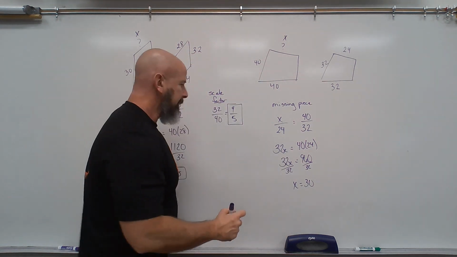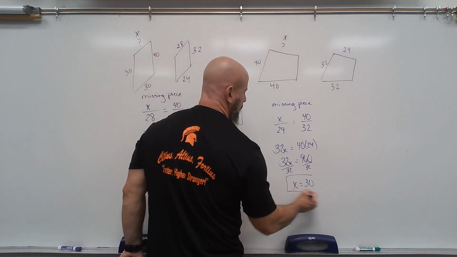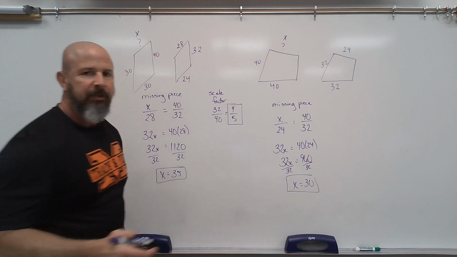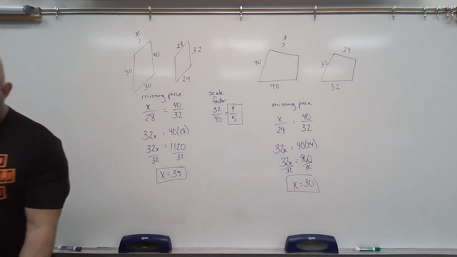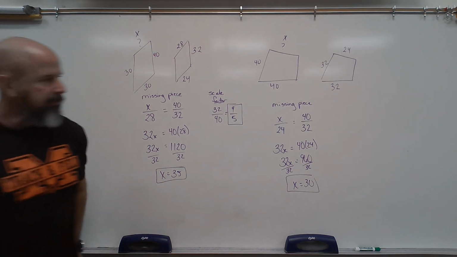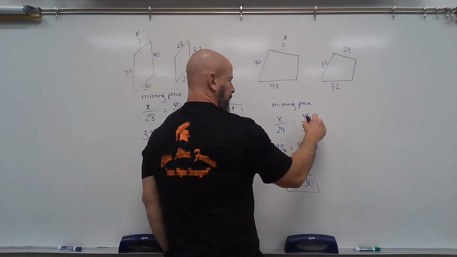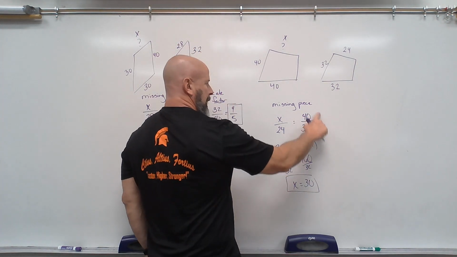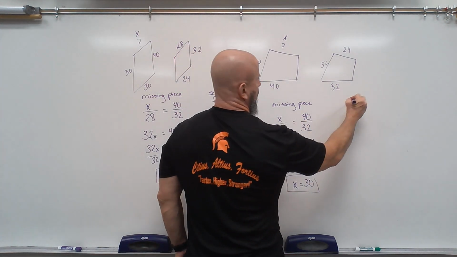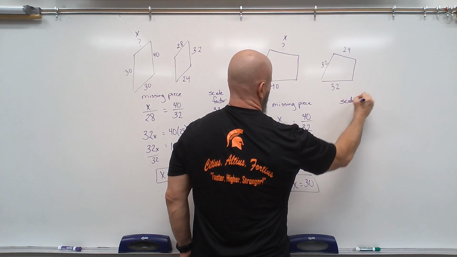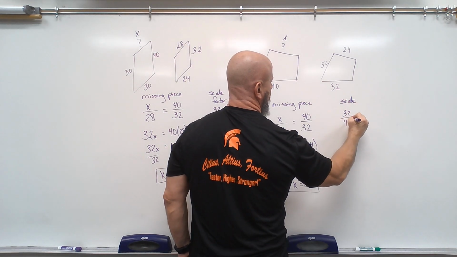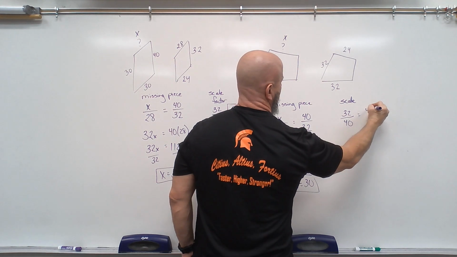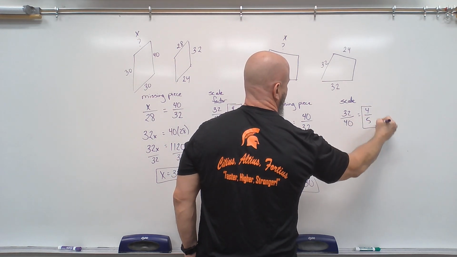So my missing piece is 30. Scale factor, again, small to large. I'm going to go to my known fraction here. Small to large would be 32 over 40, which again would be 4/5 reducing there.